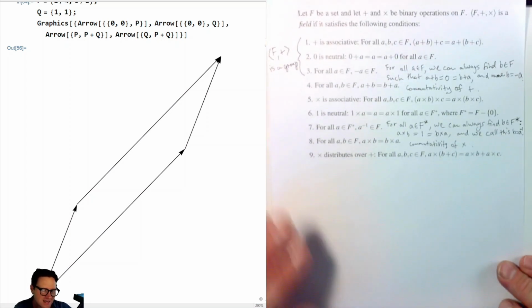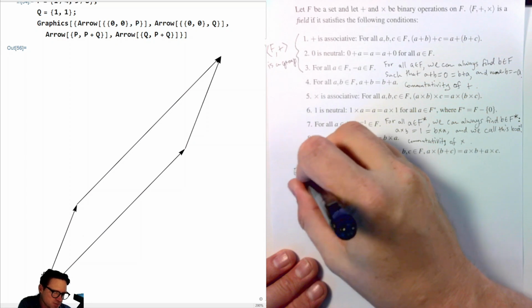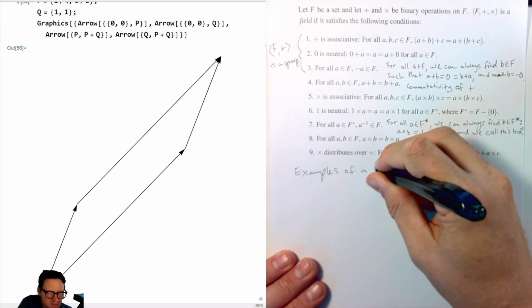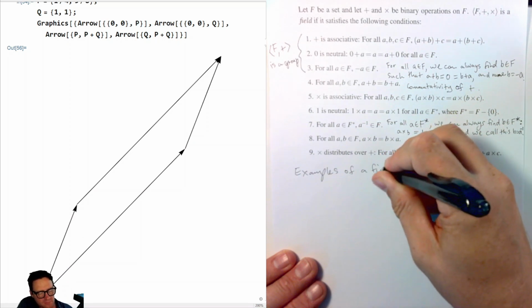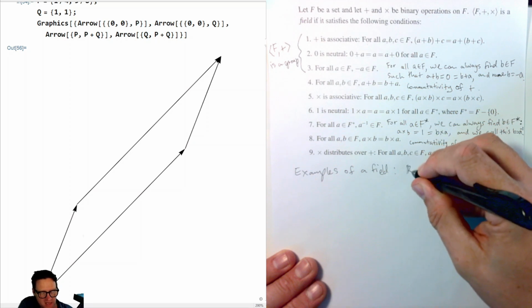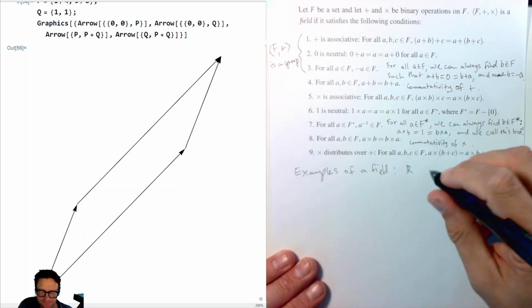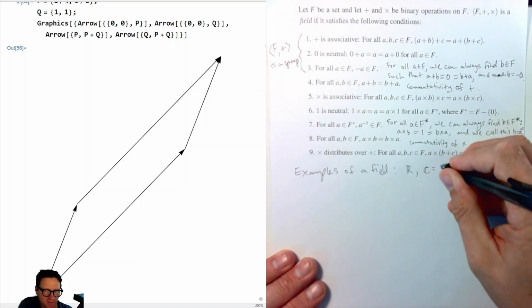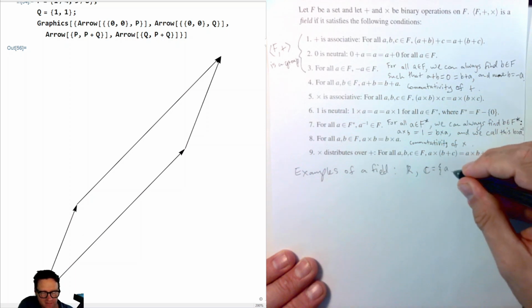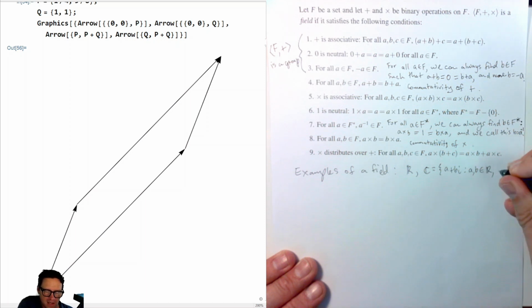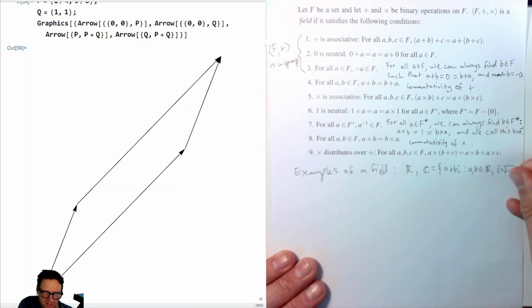So let's have a look at an example of a field, or multiple examples of a field. Okay, so the real numbers together with addition and multiplication. The complex numbers, now remember the set of complex numbers is the set of all A plus B times I, such that A and B are both real numbers, and I is equal to the square root of minus 1.